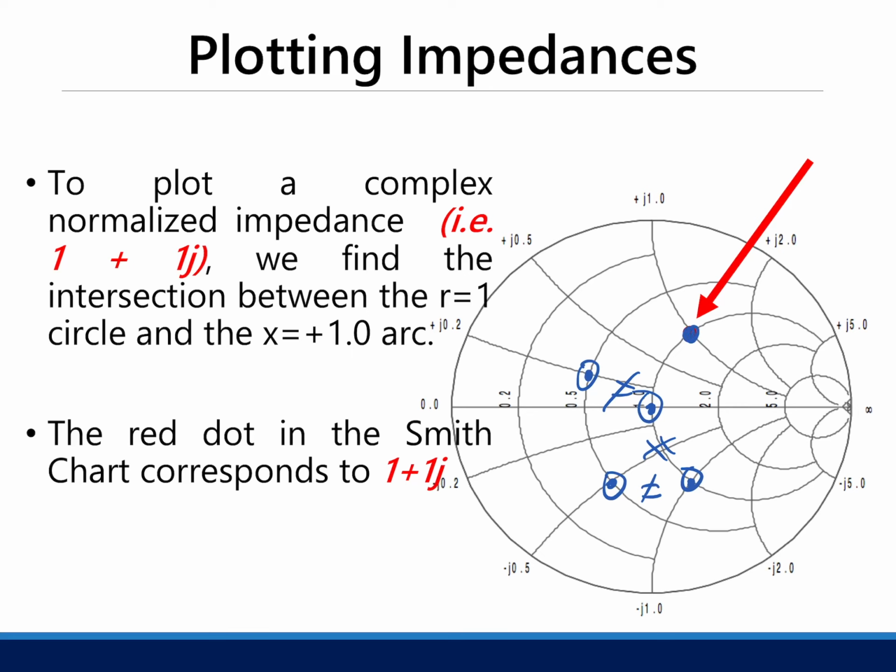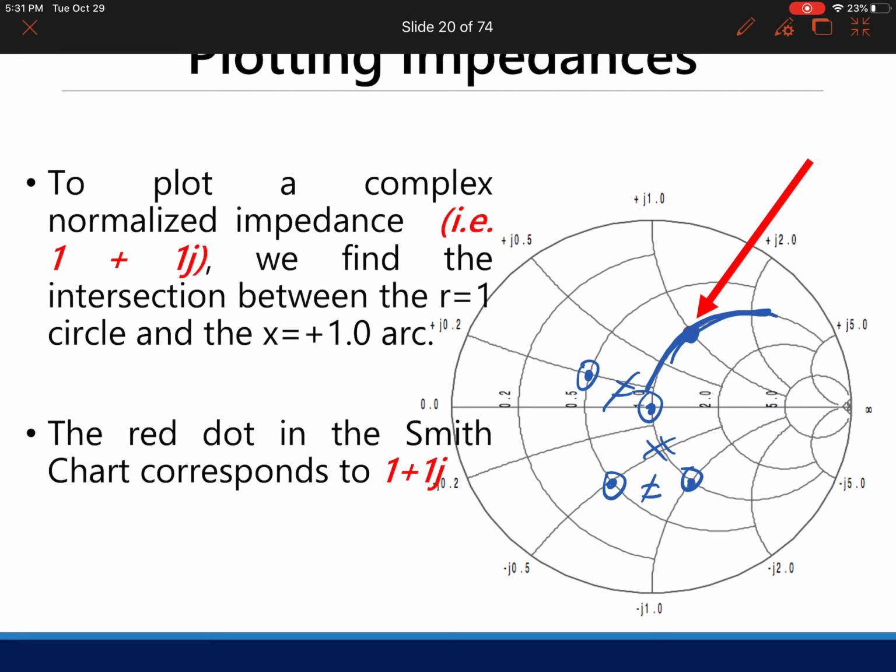Okay, so how do you read that? If you look at this point, it's on a constant resistance circle corresponding to 1, and it's on a constant reactance circle corresponding to plus j1.